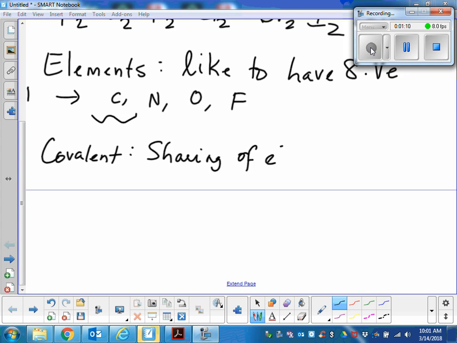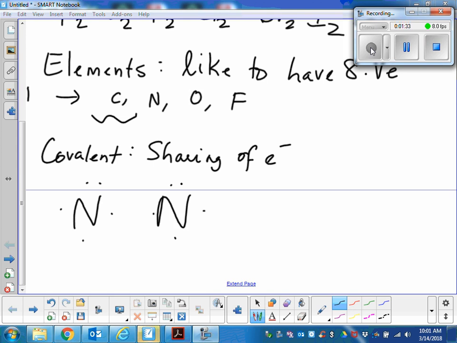All right? So when two nitrogens come together, this nitrogen has 5, the other nitrogen has 5. So how many of the electrons are not paired up? In each atom of nitrogen, 3 electrons are not paired up. Do you see that?